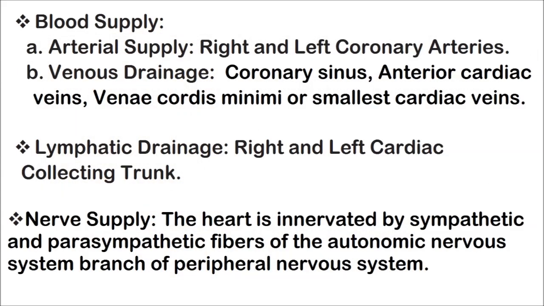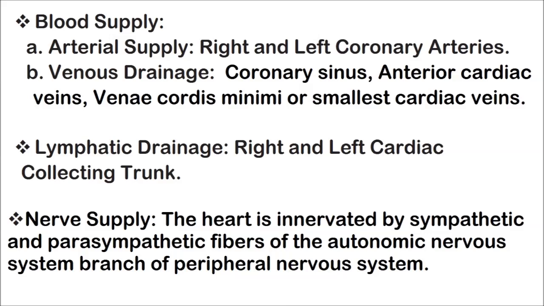In the blood supply, we study arterial supply and venous drainage. Basically, in blood supply, we study the origin and course of artery and vein. Or in other words, we study the artery and vein right from their origin till end.